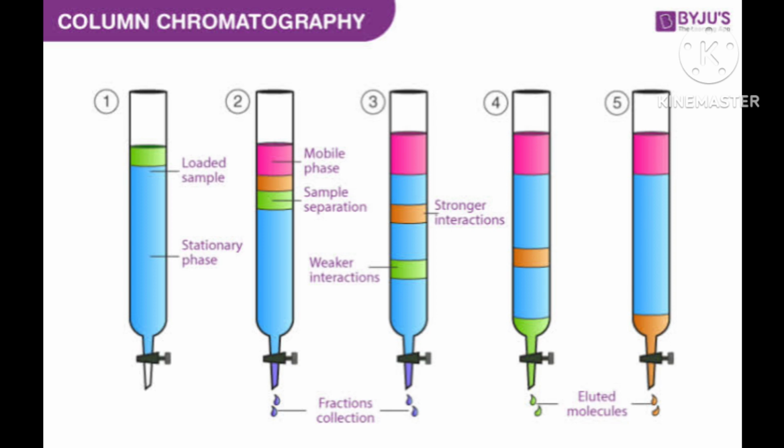Then continuous extraction is employed. What I told you, a large quantity of solvent is required. In this technique, the same solvent is repeatedly used for extraction of the compound. This I have told about the extraction.